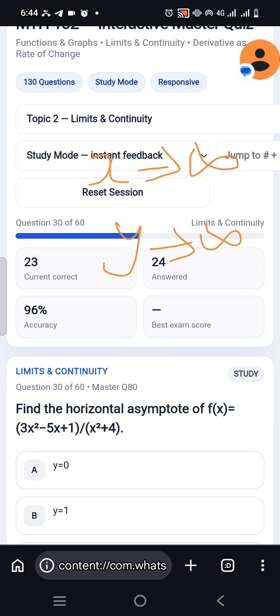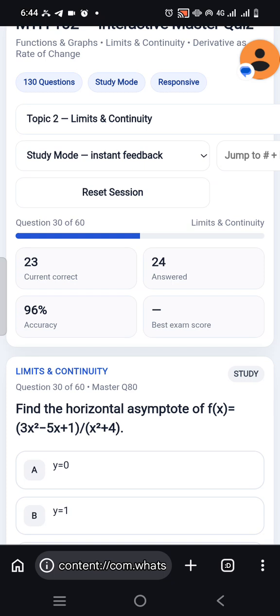We can calculate it for this function. Do you get it? Or when y is undefined, whether you say undefined or tends to infinity.